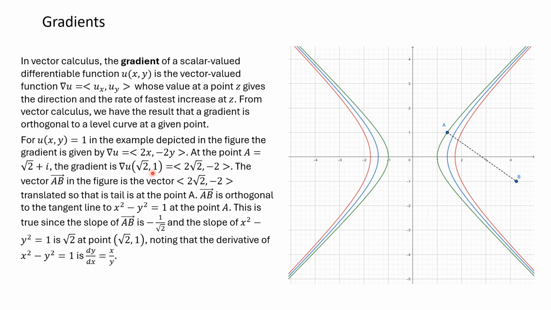So that's our gradient, and that's actually a vector from 0 to (2 times the square root of 2, minus 2). So it's going this way. It's down here. Let me just draw it in roughly.